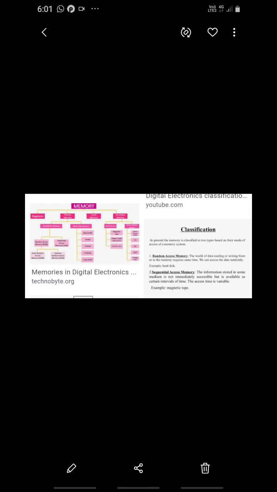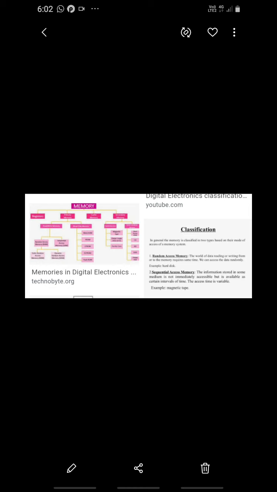More precisely, the RAM is a read or write random access memory, and the ROM is a read only random access memory. Most semiconductor memories are RAMs.